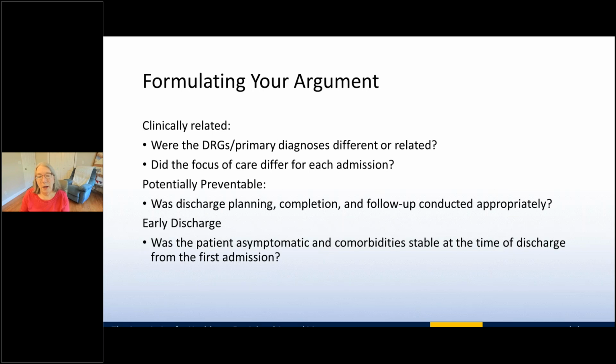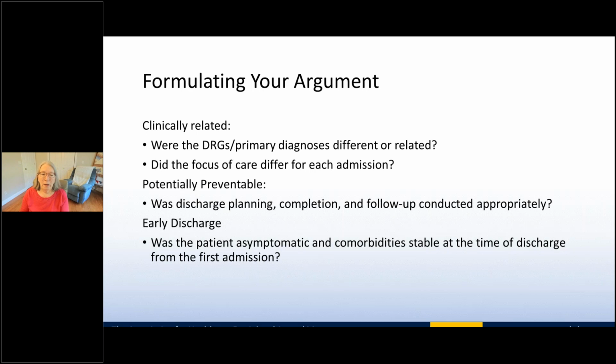Okay, so let's talk about the three areas. These are the ones you're going to argue most often with readmissions: clinically related, potentially preventable, and then early discharge. So clinically related, you can look at the DRGs, primary diagnoses.